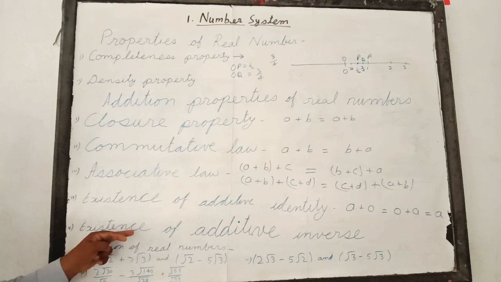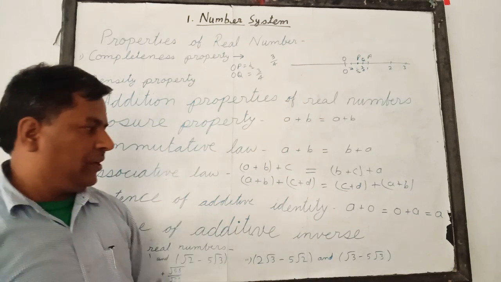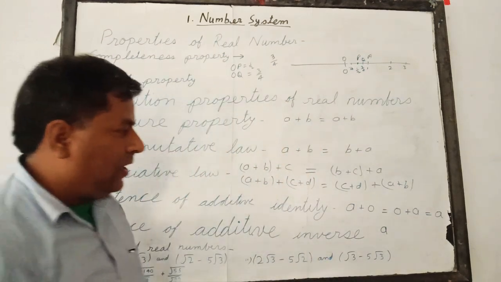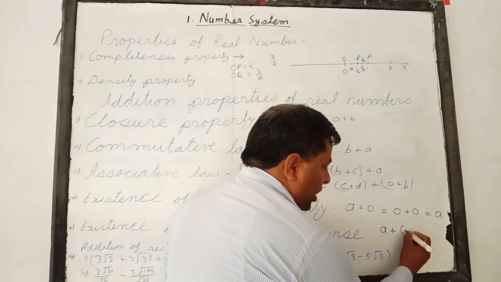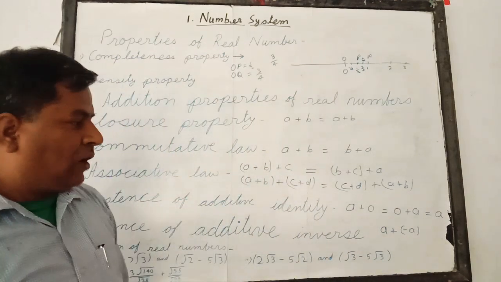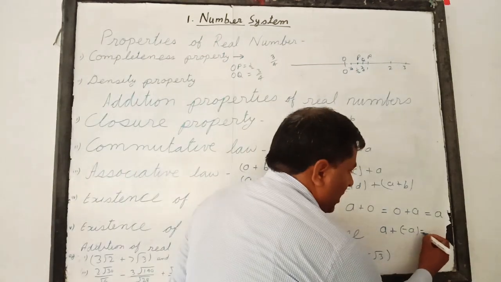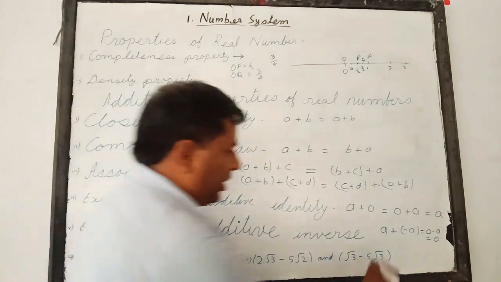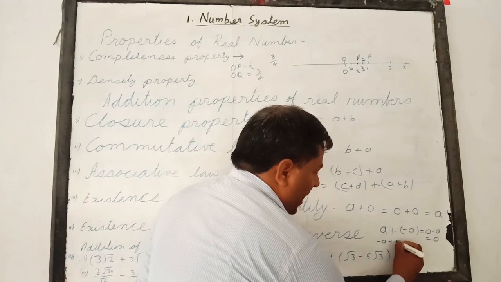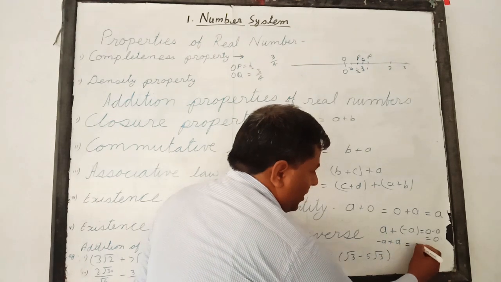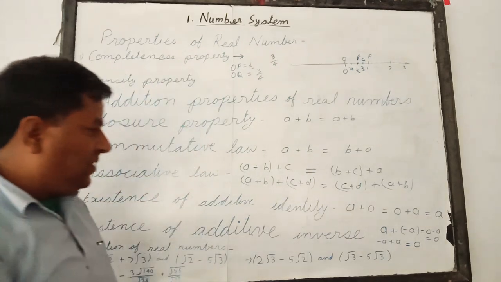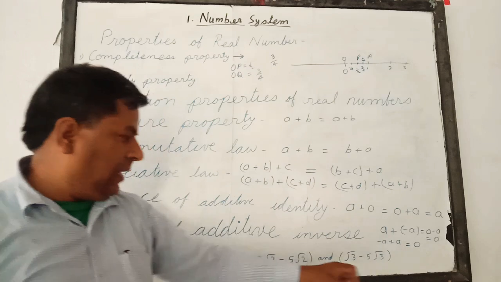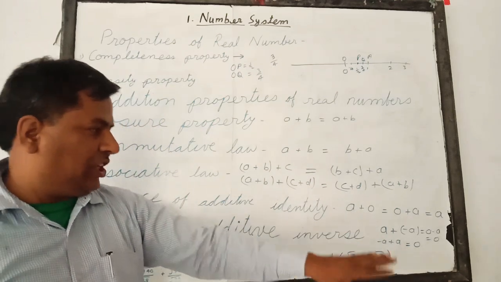The next property is the existence of additive inverse. According to this, if we have a real number A, and to this we add the negative form of this number, what do we get? We get A minus A is equal to 0. Or if we have minus A and to this we add A, then what will the answer be? It will be 0. So we can see here that A and minus A are additive inverses of each other.